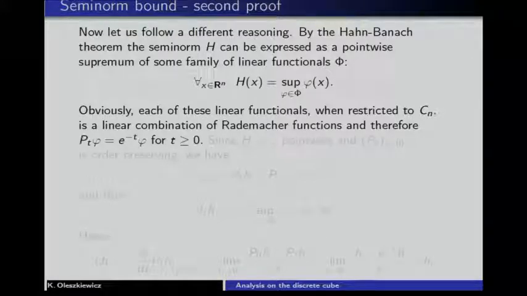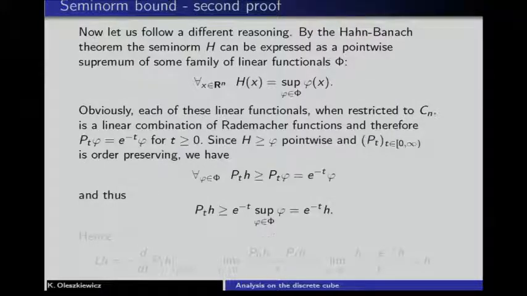This just acts as a multiplier with constant exponent minus t for any non-negative t. But now we know that our semi-norm is minorized by each of these functionals separately, pointwise. And our semigroup Pt is order preserving. So because of that, Pt of H, which is a restriction of that, is not less than Pt of phi, which is exponent minus t of phi.